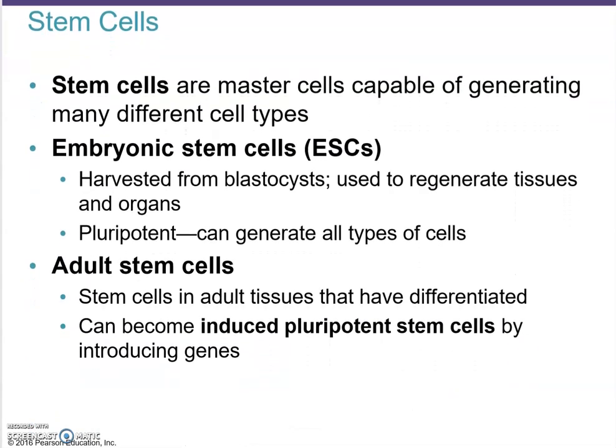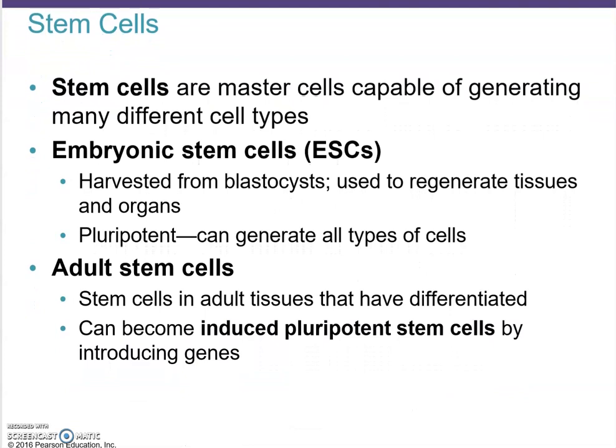Now, of course, the best case scenario would be that you have completely matching tissues, and that begs the question, how about stem cells? Well, stem cells are undifferentiated cells that are capable of generating many, if not all, different cell types. Embryonic stem cells, those are the best. They are pluripotent. They can generate all types of cells. And then adult stem cells, which we still keep around, are multipotent stem cells.